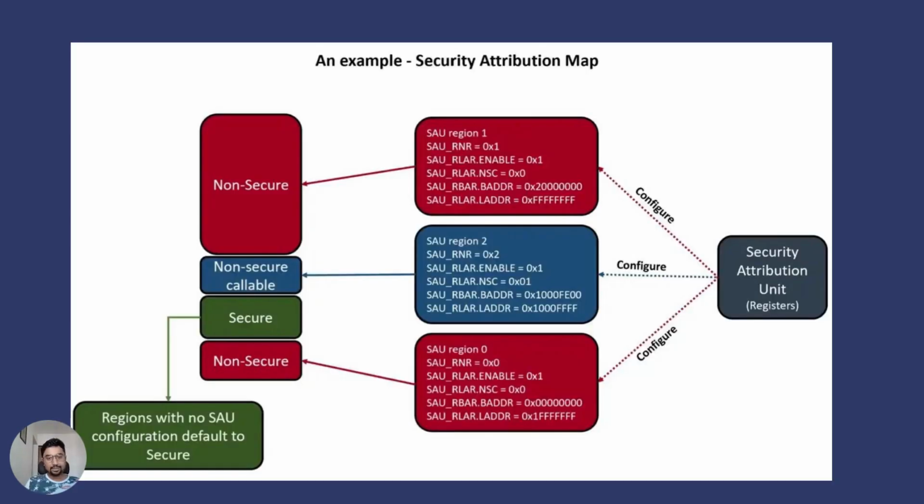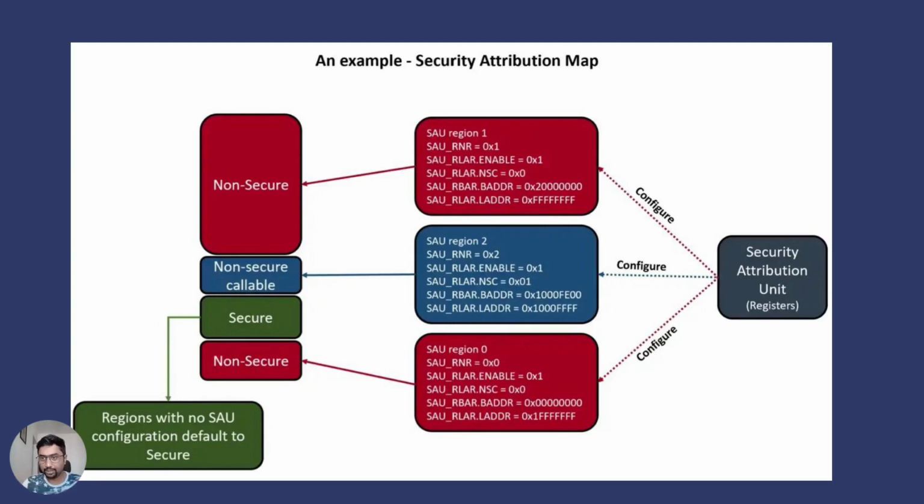In this diagram, we can see the configured view of the flash memory. On my left hand side, we can see the flash memory, which is configured to be non-secure, secure, and non-secure callable. On the right hand side, we can see the secure attribution unit.